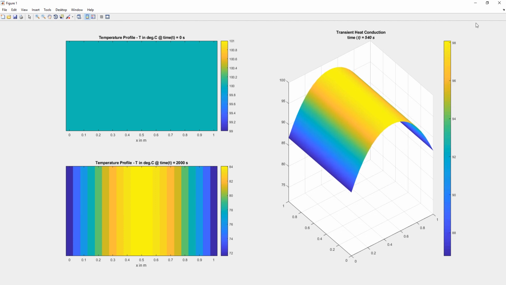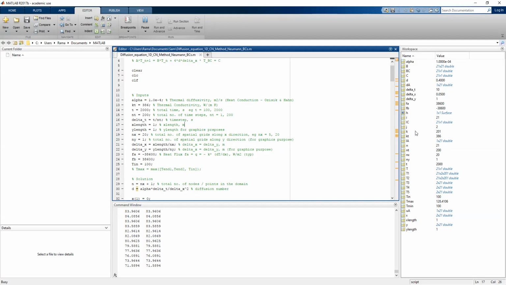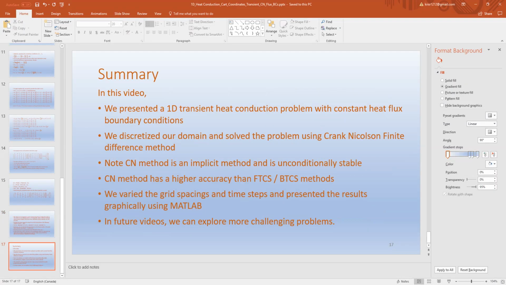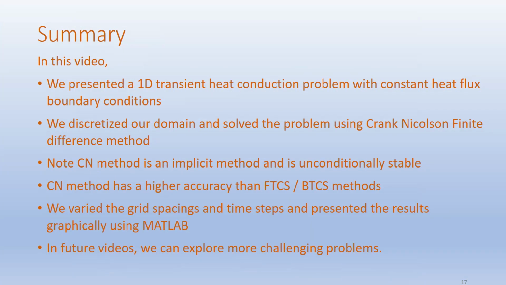We can go back to the PowerPoint. So to summarize, in this video we presented a 1D transient heat conduction problem with constant heat flux boundary conditions, also called Neumann boundary conditions.